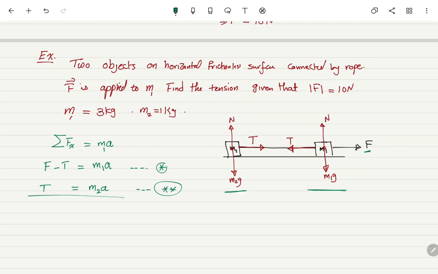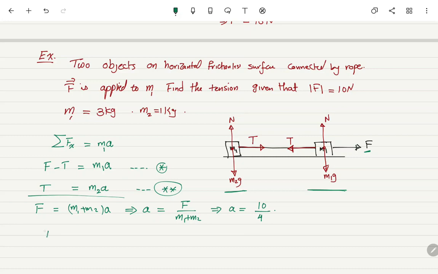If we add both equations together, we will have F equal to M1 plus M2 times A. In other words, acceleration equal to F divided by M1 plus M2, or acceleration equal to 10 divided by 4, because we have 3 kilograms and 1 kilogram, and this is the acceleration.